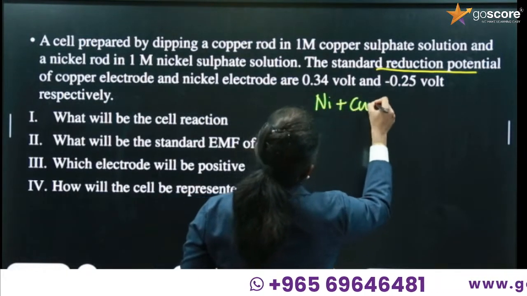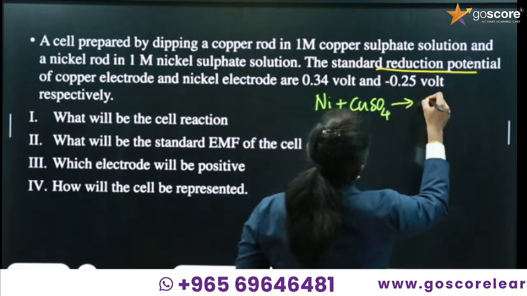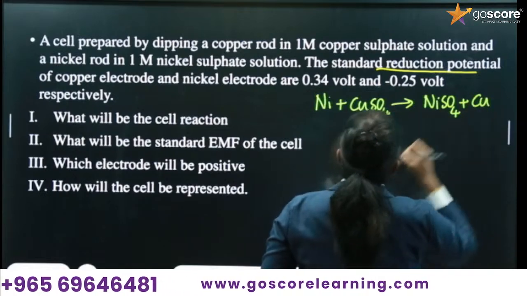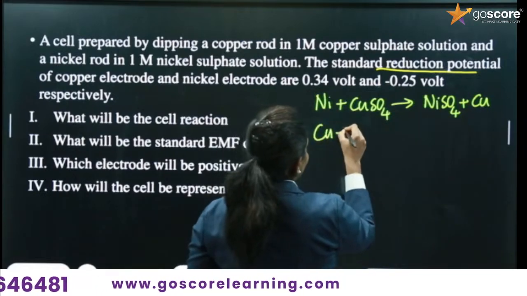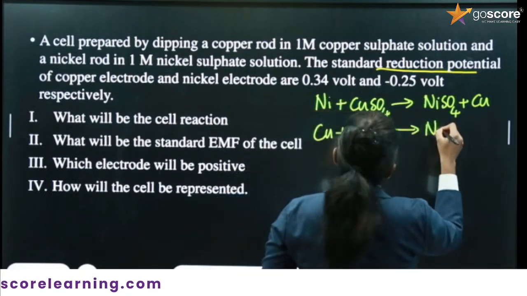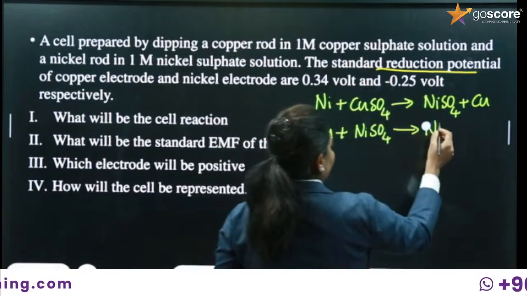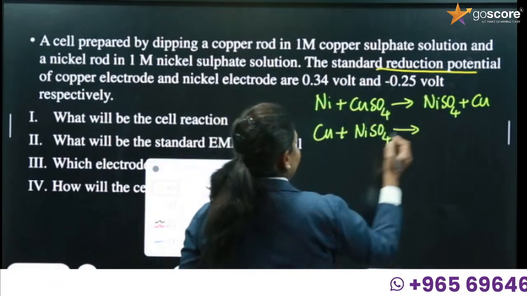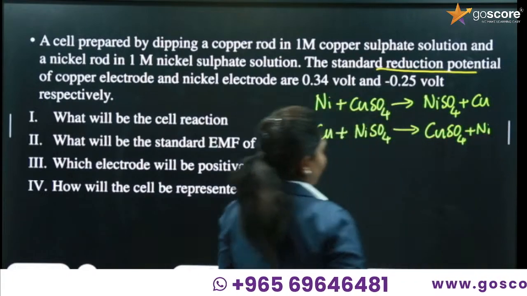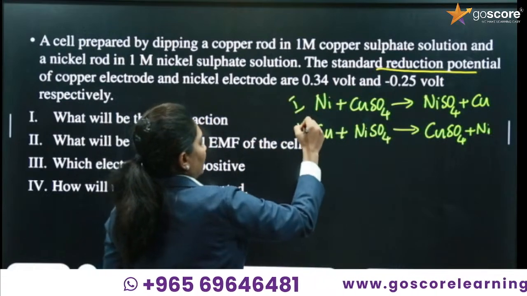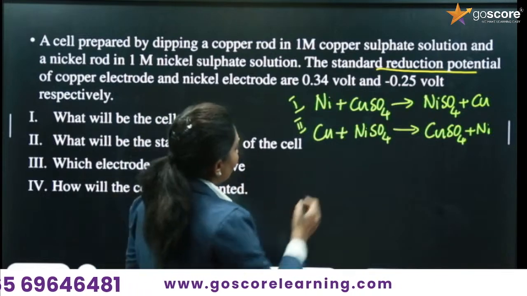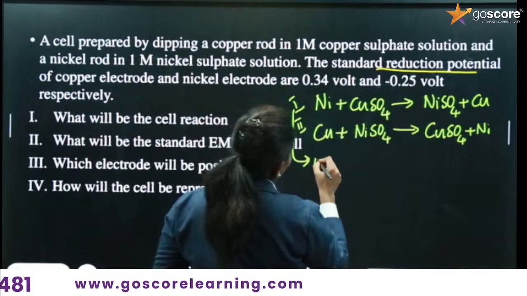Nickel plus copper sulfate gives NiSO4 plus copper, or copper plus NiSO4 will give the reverse. Two possibilities are there, right? Case 1 and case 2. Let me check case 1. If you get the positive value, no need to check the second case, right?